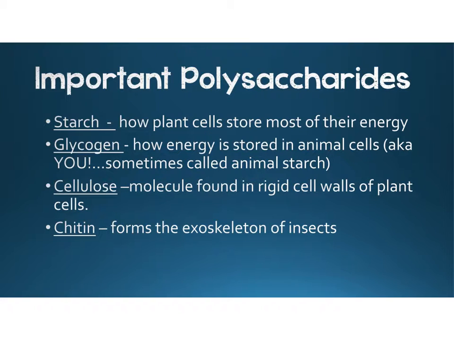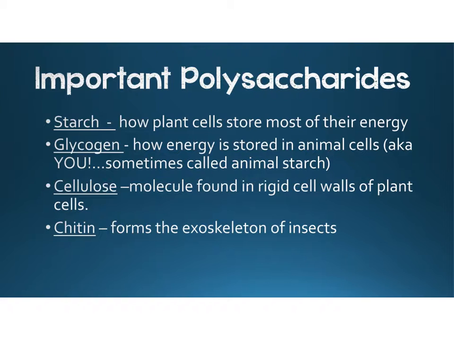But one of the main differences is that plant cells have these rigid cell walls. And so the cell walls are like these rigid squares that keep the shape of the plant cell. These cell walls are primarily made up of cellulose. That's what helps give it its rigid structure. So it is a structural carbohydrate.